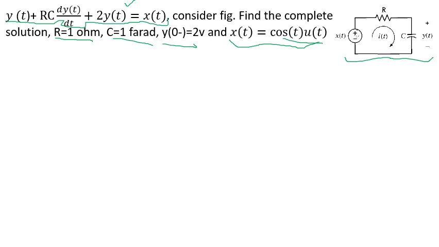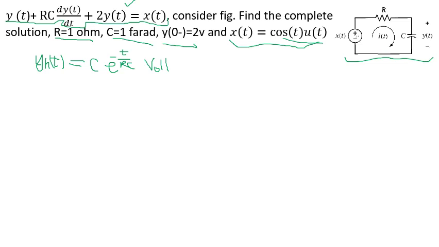So let's take the homogeneous solution we already found. If you recall, or you can recheck the lecture, it was y_h(t) equals C e to the power minus t over RC, and the units are volts.